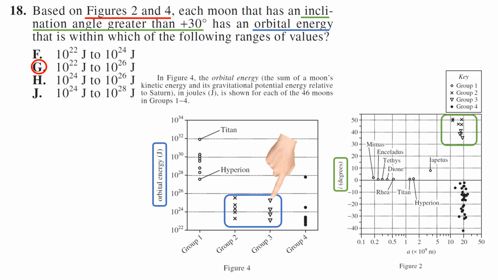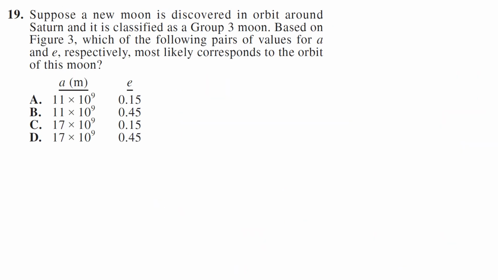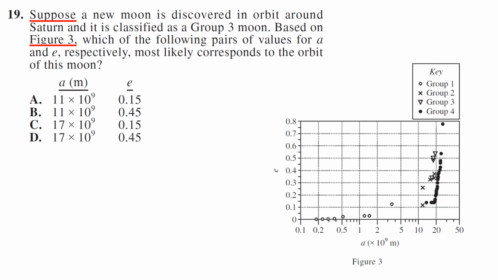19. These types of questions ask you to extrapolate some information, make some inferences, so you got to think a little bit. So a new moon is discovered in orbit around Saturn. It's classified as group 3 based on figure 3. So group 3 moons, the green. What would be its A value and E value?